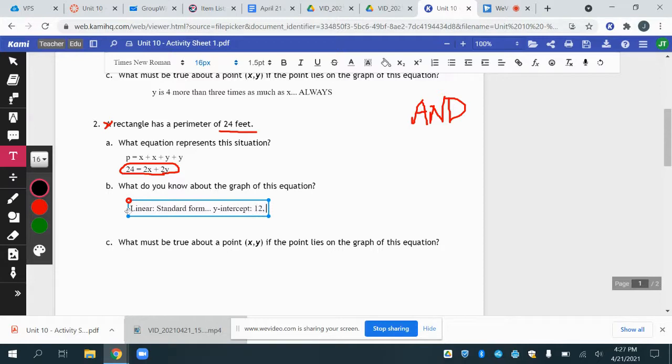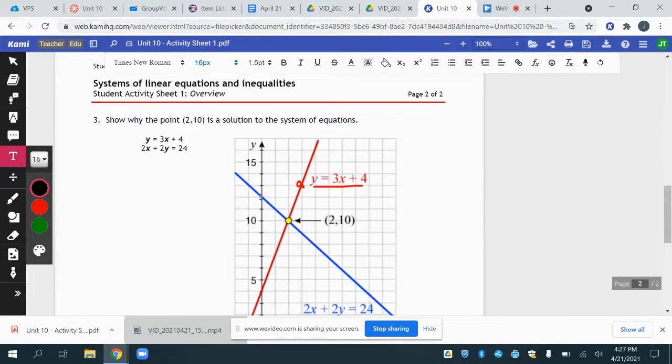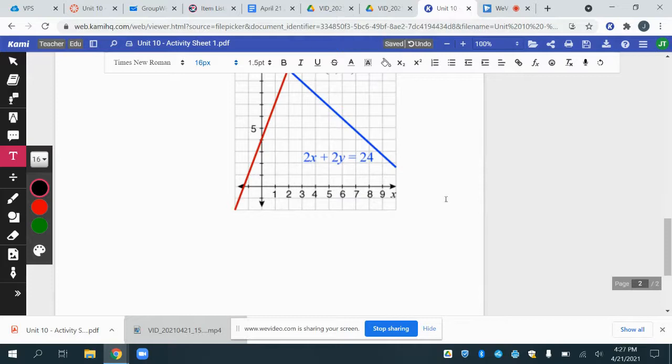X-intercept is also going to be 12. Now, if you're not sure how I got 12, I plugged in 0 for the other number. That's always how we find intercepts. That'll come in handy in later math too. Okay, so we'll have a line that crosses at 12 up here and at 12 down there.